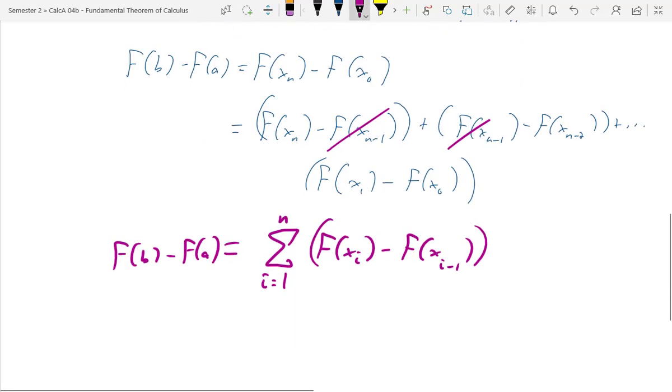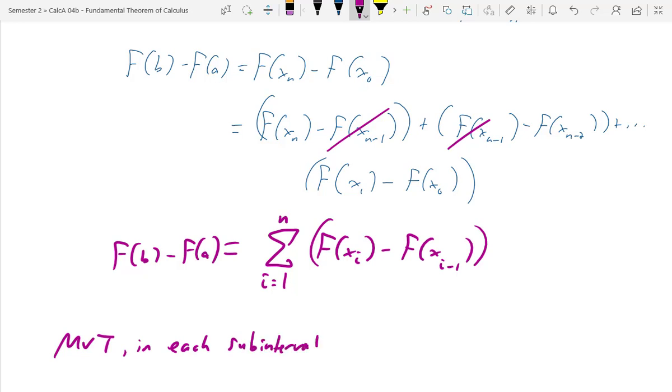Now, by the mean value theorem, in each subinterval, so a subinterval is each one of those little pieces, there is a c sub i.